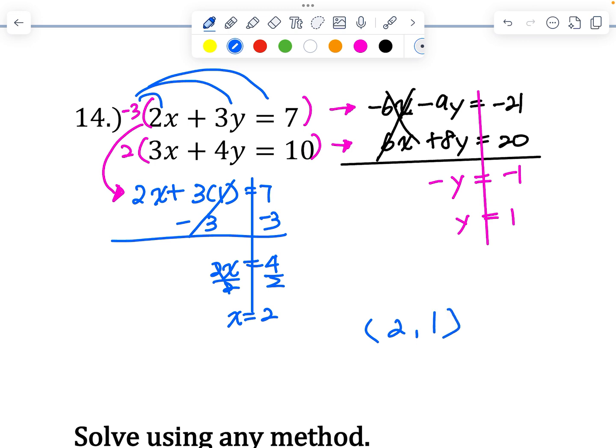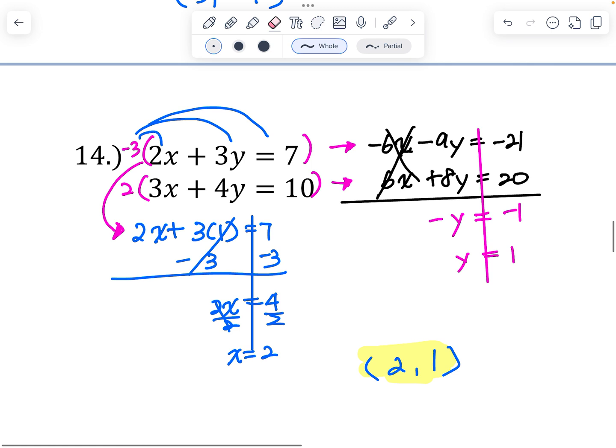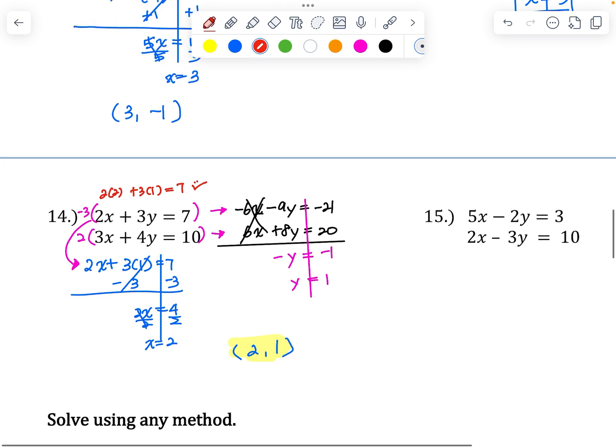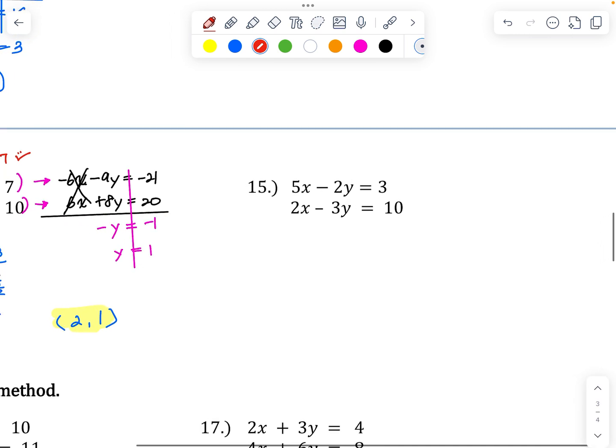So my solution is 2 and 1. Let me do the happy check. So here we go. 2 times 2 is 4, plus 3 times 1 is 3, and 4 plus 3 is 7. Happy check. Ta-da! All right, number 15.